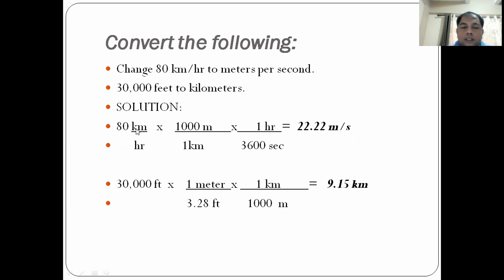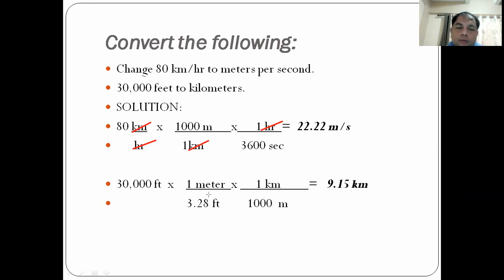So we'll be able to cancel kilometers, and hours will also cancel out. That leaves us meters per second as our final unit, equal to 22.22 meters per second.